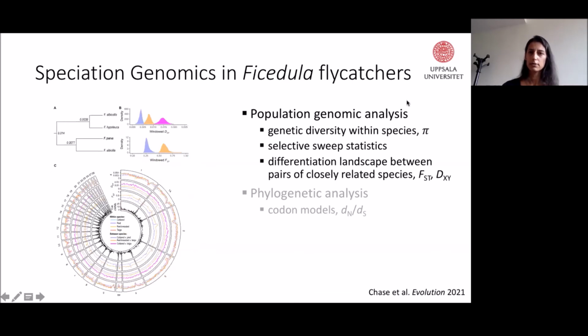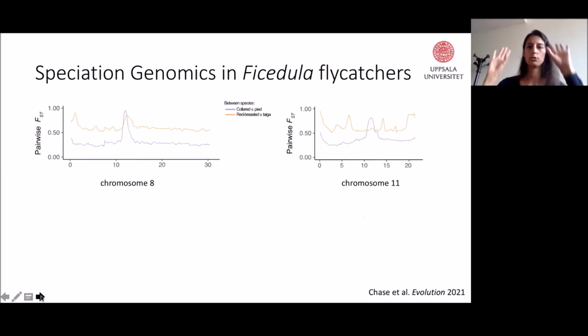What we then did is we computed different population genomic statistics, pi, selective sweep statistics, FST, and DXY along the entire genome. And of course, you cannot see very much in this graph, so I've chosen 2 different chromosomes, chromosome 8 and 11.